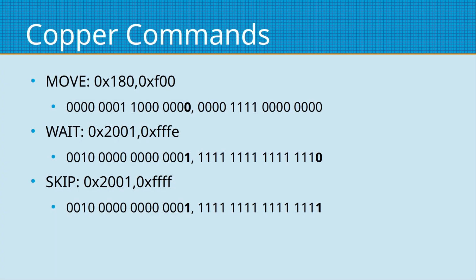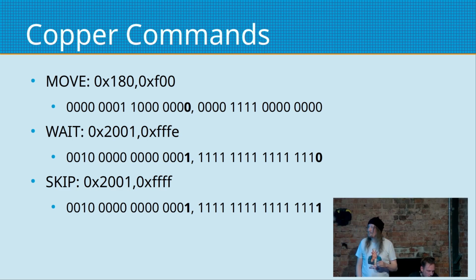Here are the Copper commands explained a little bit more clearly. I've put in bold the bits which matter according to the command. If the first word has 0 as the last bit, then it's always a move command, and it doesn't matter what's in the second word, because it needs to have the whole data range.